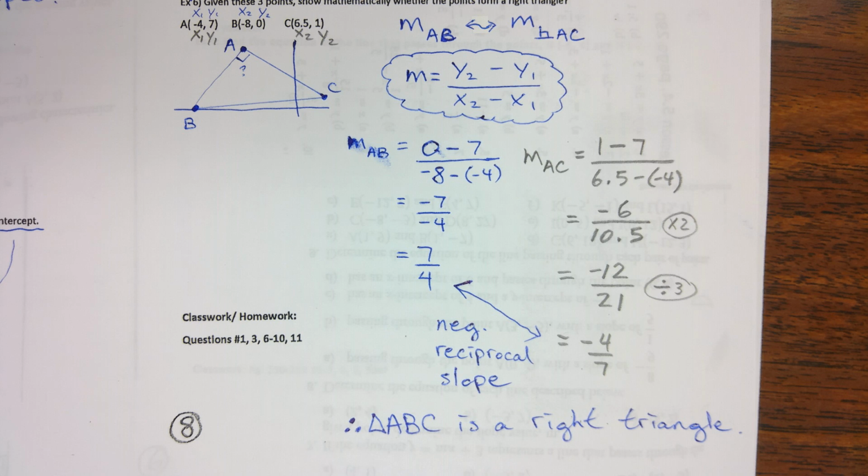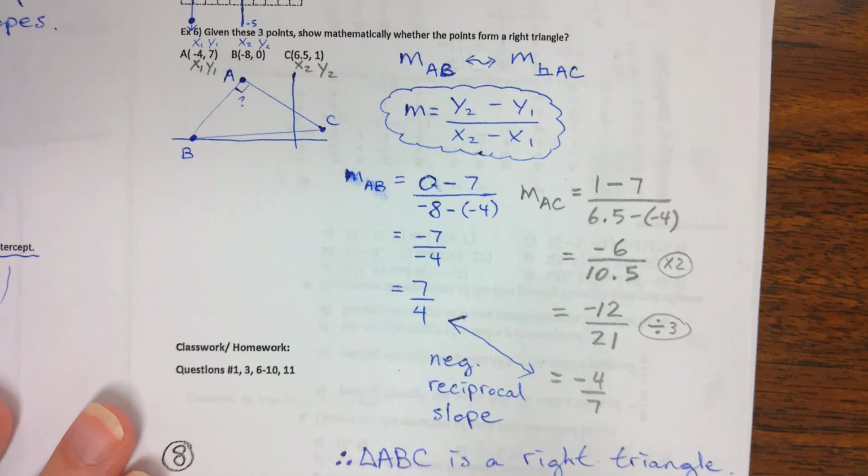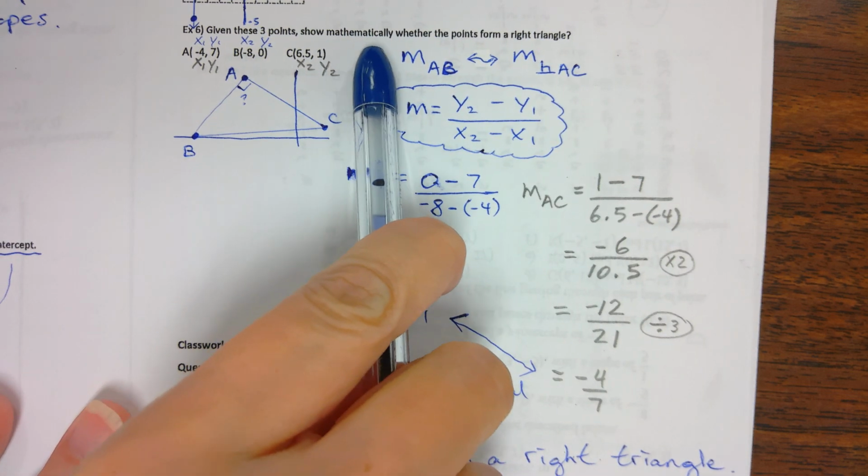Trust me, I had students who gave me the answer: it's a right angle because I used my protractor. Is that wrong? Yes. Alright. If you don't say mathematically solve it, it will say show mathematically. I'm covering my grounds.